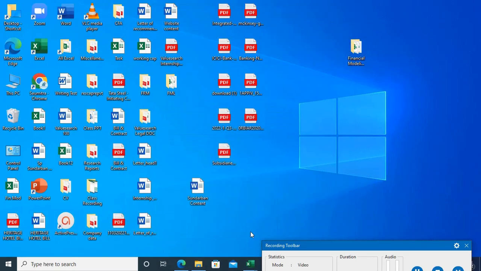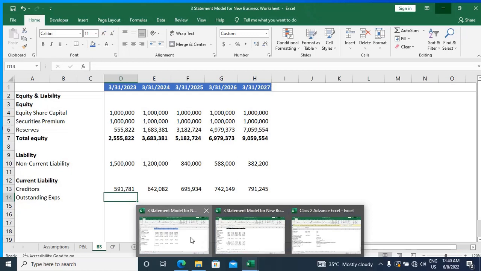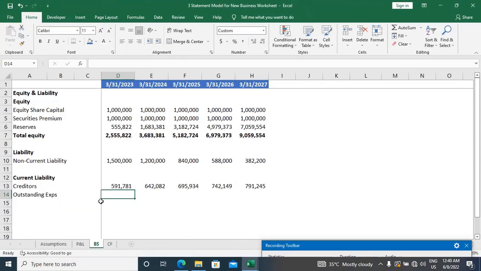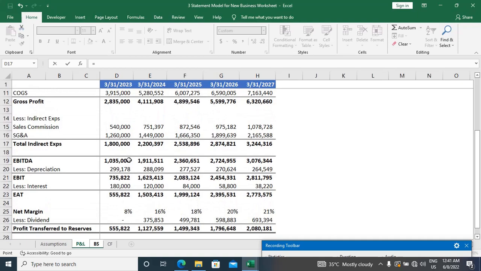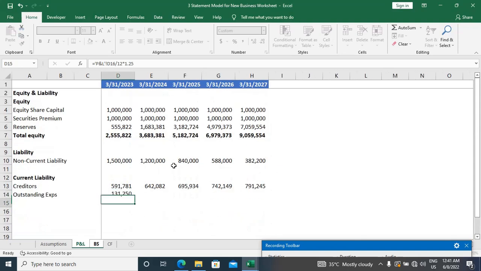So outstanding expenses, you can do it as equal to, go to PL, then you have this SG&A divided by 12 multiplied by 1.25 months.